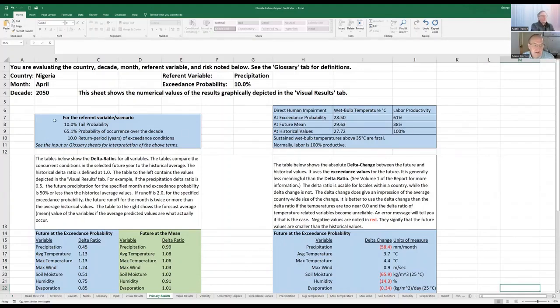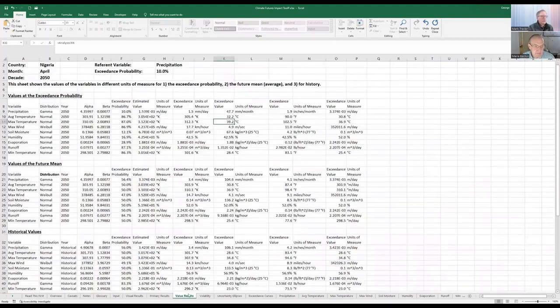And then just a statement of what you're talking about. So even though you're only at a 10% probability, there's a 65% chance that's going to occur over the decade. And when it does occur, in about 10 years, it's going to come back. So you can get a lot of information off of that.